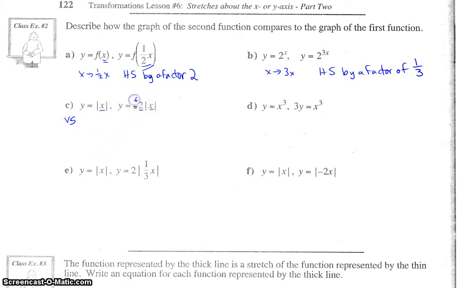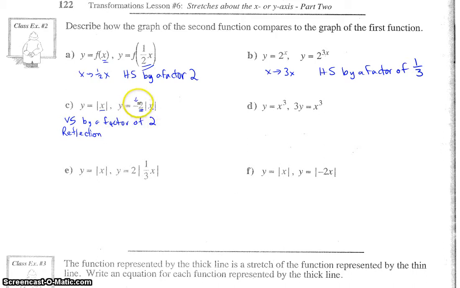And we have a negative. Recall what a negative means. That's a reflection. Okay, so let's first write those down. Vertical stretch. This 2 is not over here with the y, is it? So that means we do not flip it to get our stretch factor. So vertical stretch by a factor of 2.